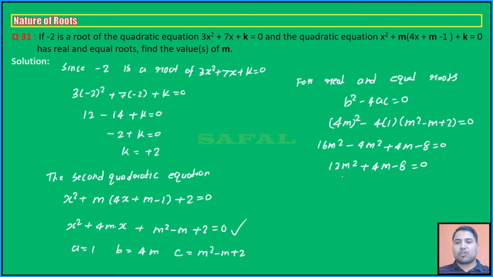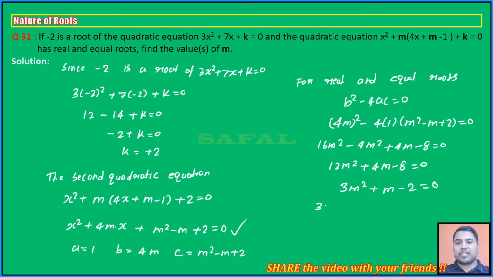We can take 4 common. So I can write, dividing both sides by 4 in the next step: 4 3s are 12, so 3m square, 4 1s are 4, so just m, and 4 2s are 8, so minus 2. So now this quadratic equation I can factorize to get the value of m.